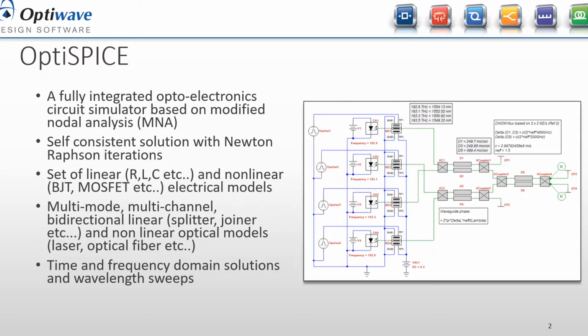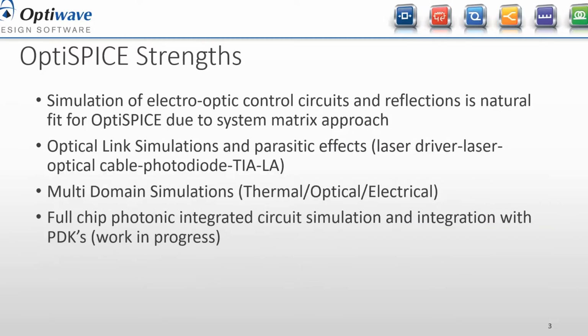One of the main strengths of OptiSPICE in general is how it handles electro-optic circuits with reflections as well as feedback loops. Because everything resides within the same simulation engine, it is very good at handling feedback loops without going unstable.